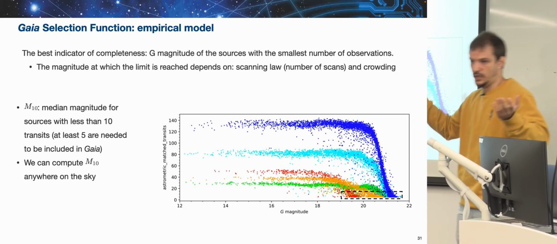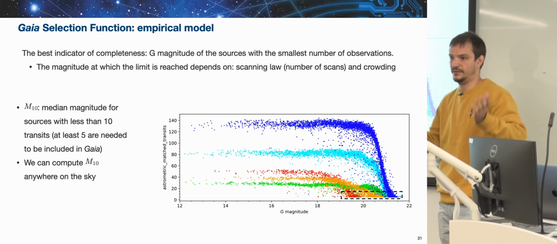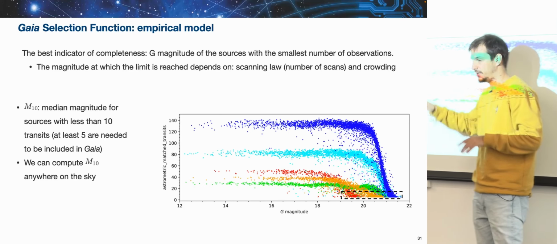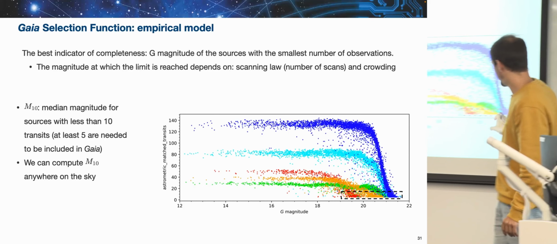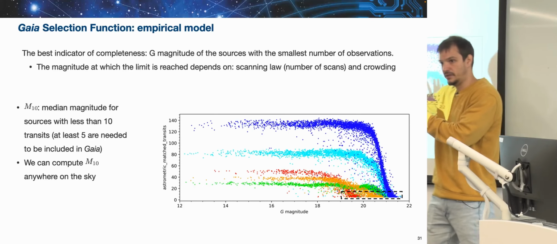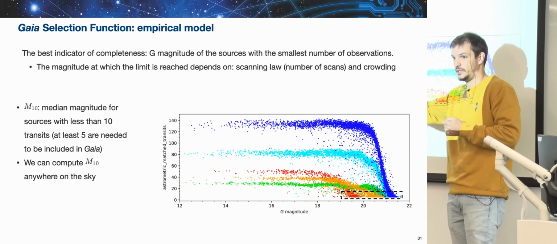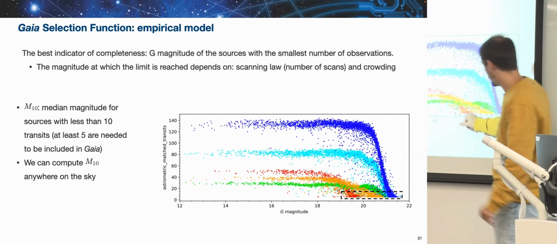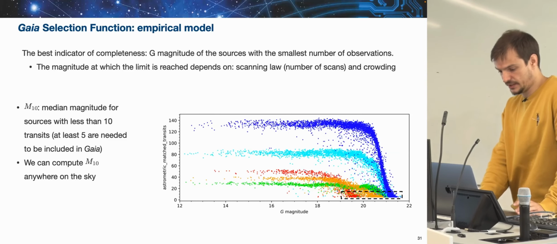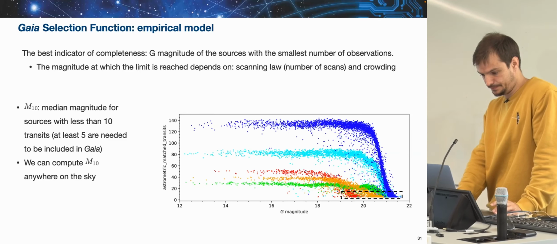A lot of Gaia sources have more than 100 observations, for instance. But having 5 observations will be the limit. So when we see the sources that have less than 10 observations, we are actually reaching the limits of the observability by Gaia. And we saw that computing the magnitude for these sources is a good proxy for the completeness, actually, we saw earlier.